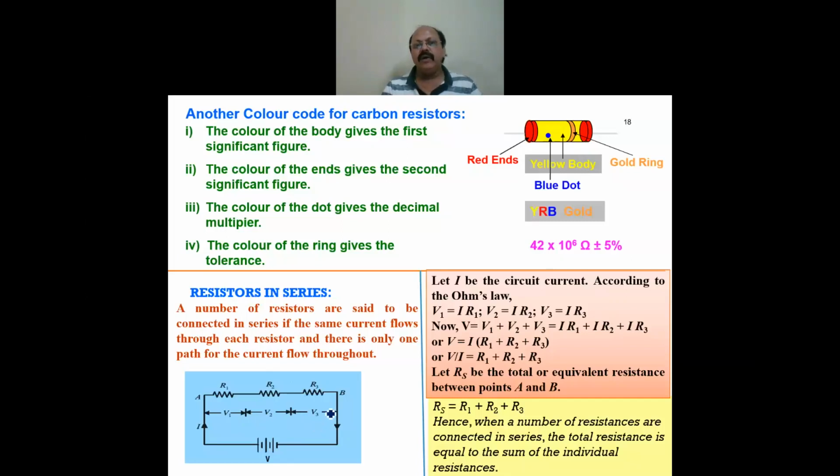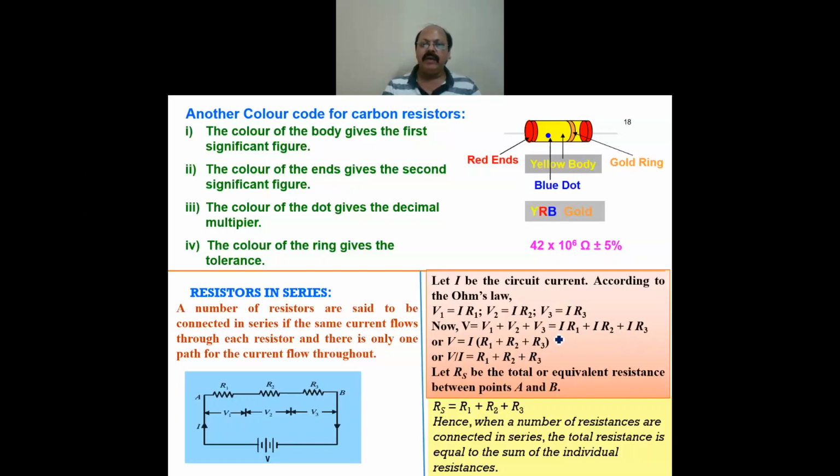Then according to Ohm's law, V1 equal to IR1, V2 equal to IR2, V3 equal to IR3, because the current is same. Now V equal to V1 plus V2 plus V3, substitute the values, then you will get V equal to IR1 plus IR2 plus IR3.